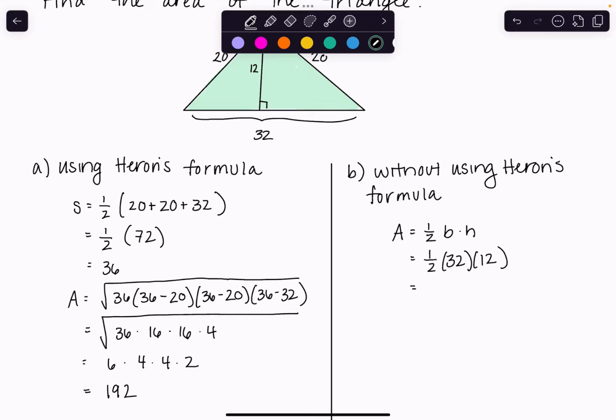So that's going to give us 1/2 times 32, which is 16, times 12, which is still 192. And that's really the same thing here, because 6 times 2 is 12, and then 4 times 4 is 16. So you end up with exactly the same result, okay?